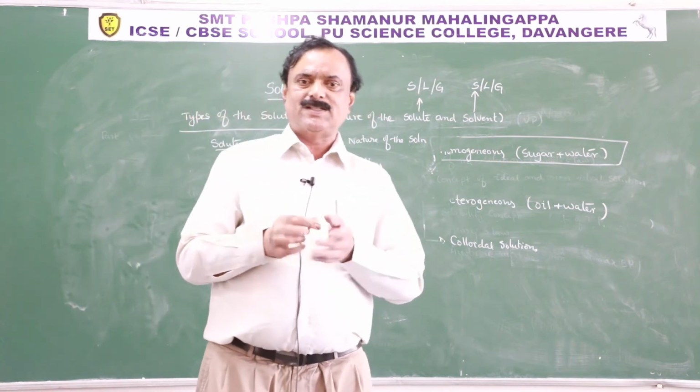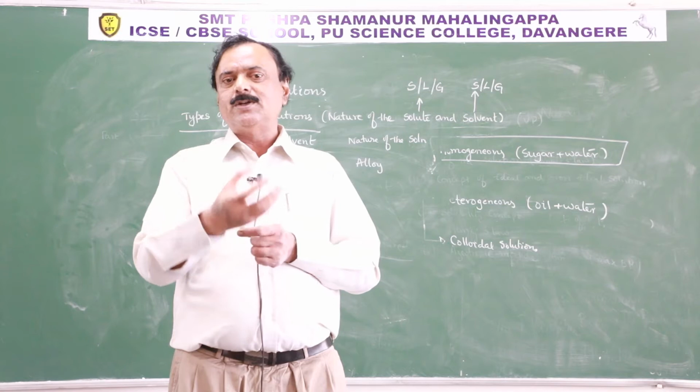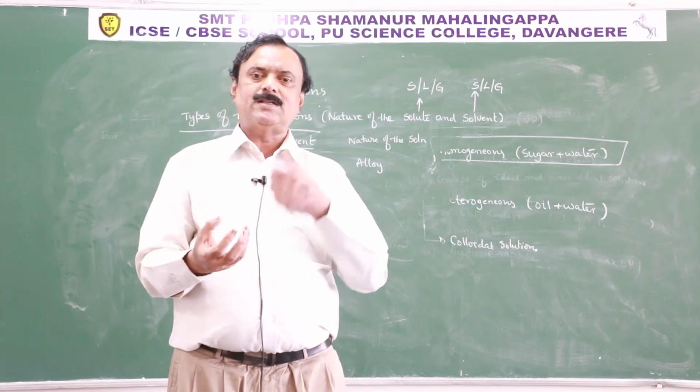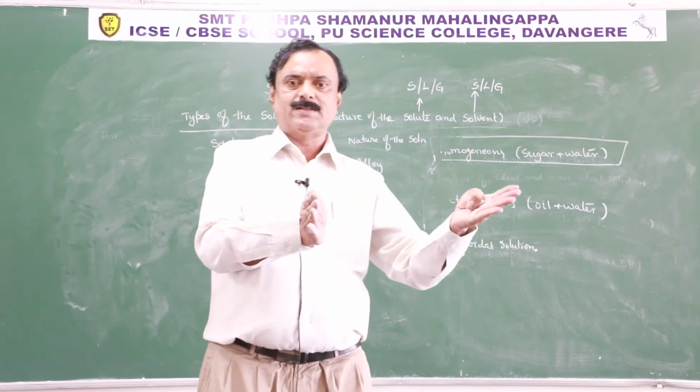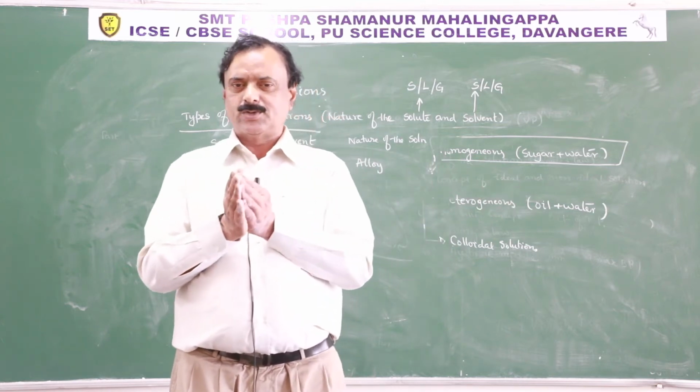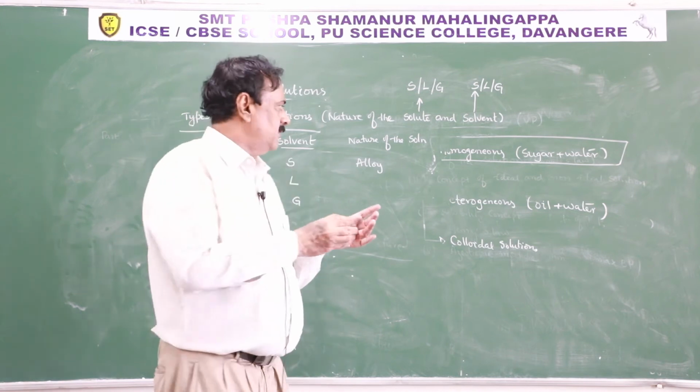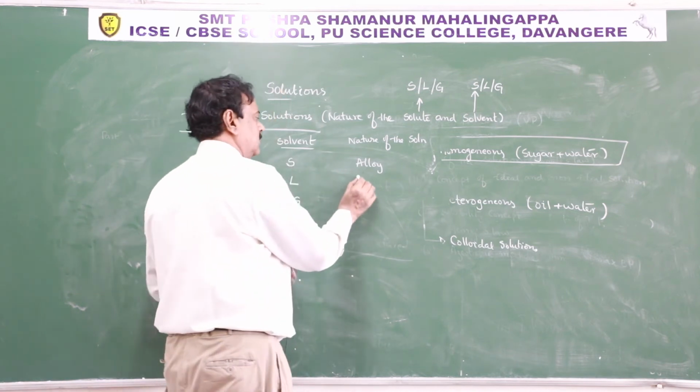They are good examples where the amount of solute is very small and the medium is in larger quantity. Sugar plus water forms a homogeneous solution.